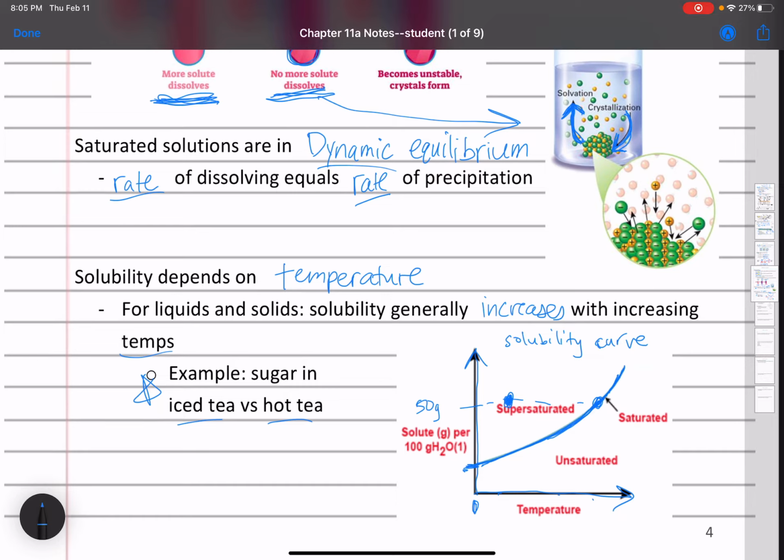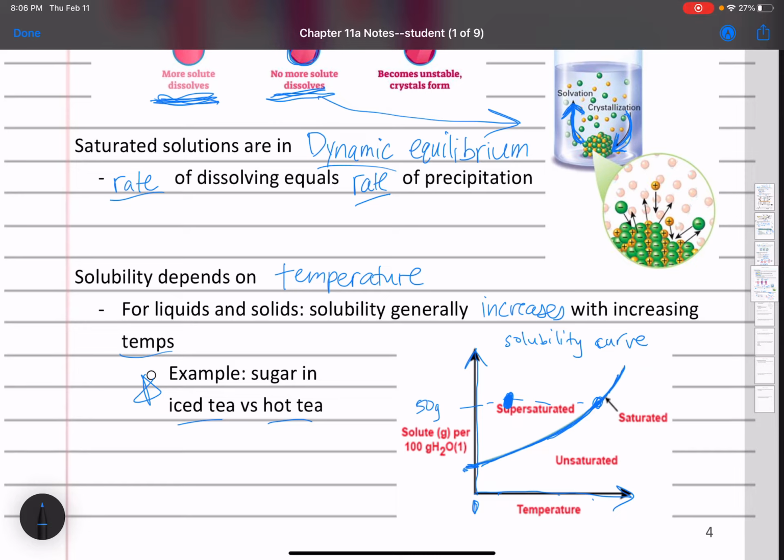What usually happens is the sugar will start to crystallize and fall out of solution. But sometimes if you cool it really gently, the sugar will stay in solution. And so you'll actually have a solution that's supersaturated. It has more sugar dissolved in it than should be dissolved at that temperature.